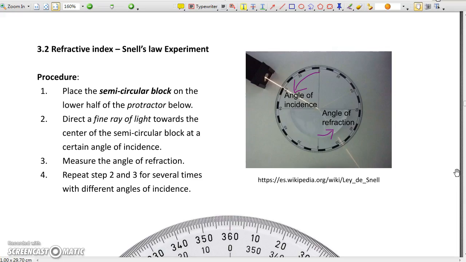So you will be given a semicircular block made of perspex, which is a kind of transparent plastic, just like glass. You have to use a ray box again and direct the light to the center of the semicircular block. And then you have to measure the angle of incidence and the corresponding angle of refraction.